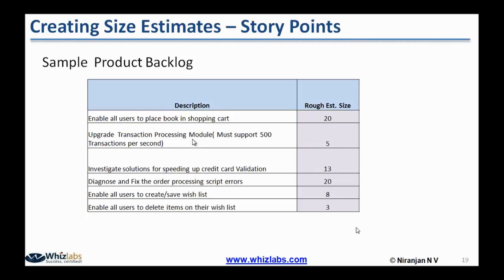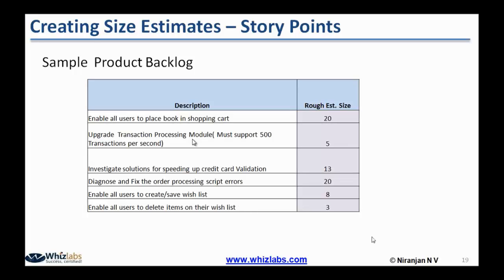When we start this, first we should know the reference user story or a reference product backlog item. For example, we decide a bedroom takes two points. Then all other rooms we estimate relatively with respect to the bedroom. Like that we should have a reference product backlog item here.